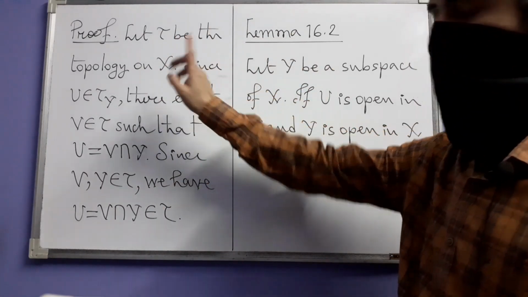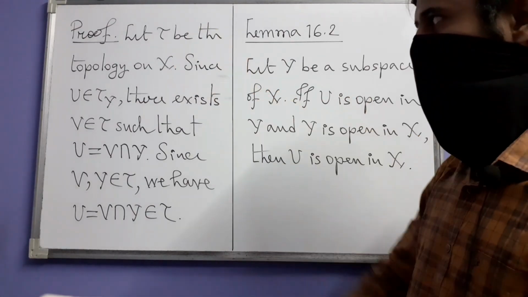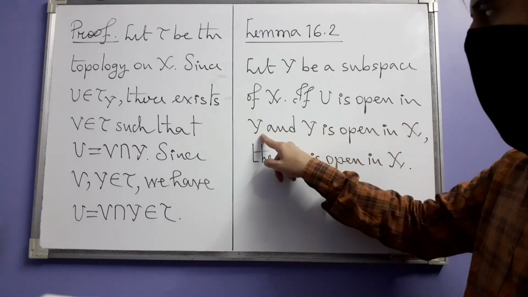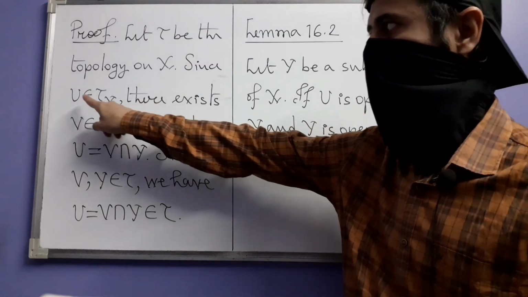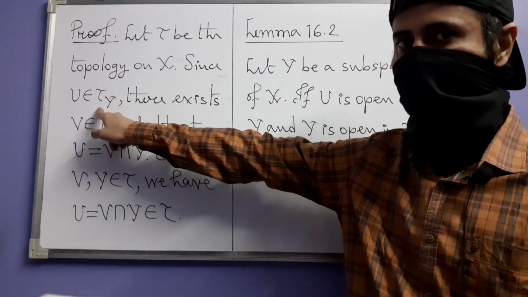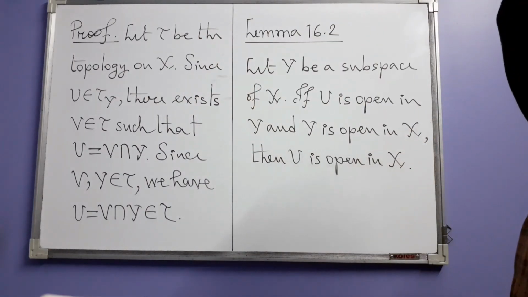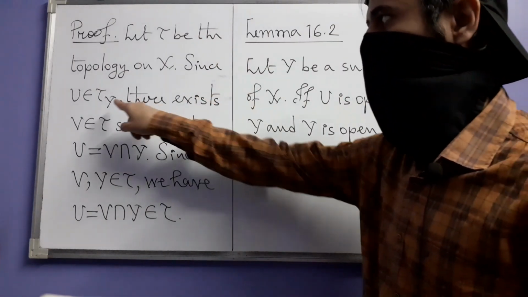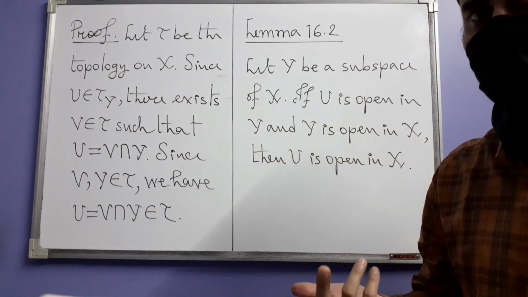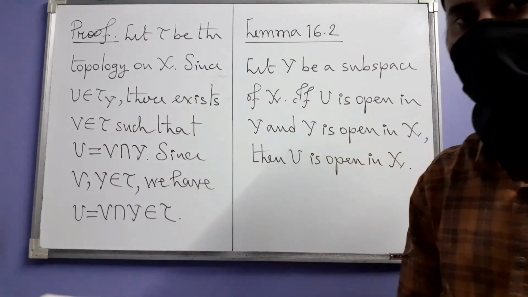Let tau be the topology on X. Here there is no mention of topology, but we are giving it a name. Now, the condition that U is open in y precisely means that U is an element in the subspace topology that y has, which it inherits from tau, the topology on X. And because of how we know tau y by its definition, there exists a V in tau such that U is equal to V intersection y.